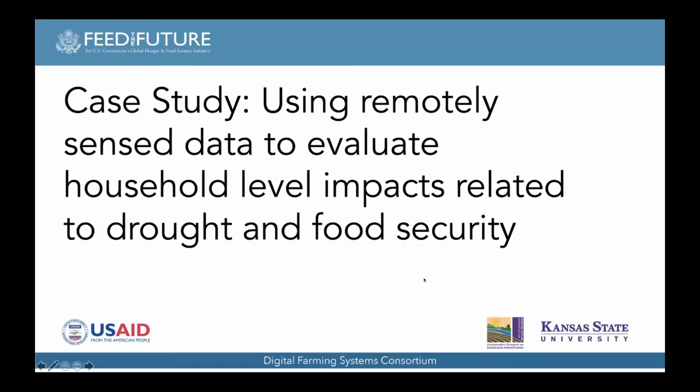Okay, so I'm going to quickly go through a case study that is set in Mali and applies a lot of the different ideas that Molly just shared: how we think about food security, how we think about drought, how we think about the interaction between individuals, communities, and environmental variation, and how we can use remotely sensed data to do that.